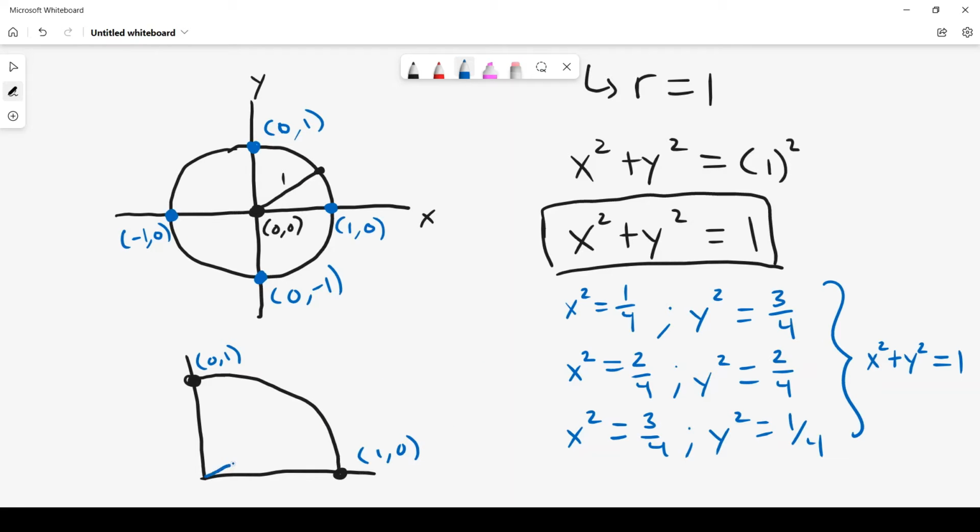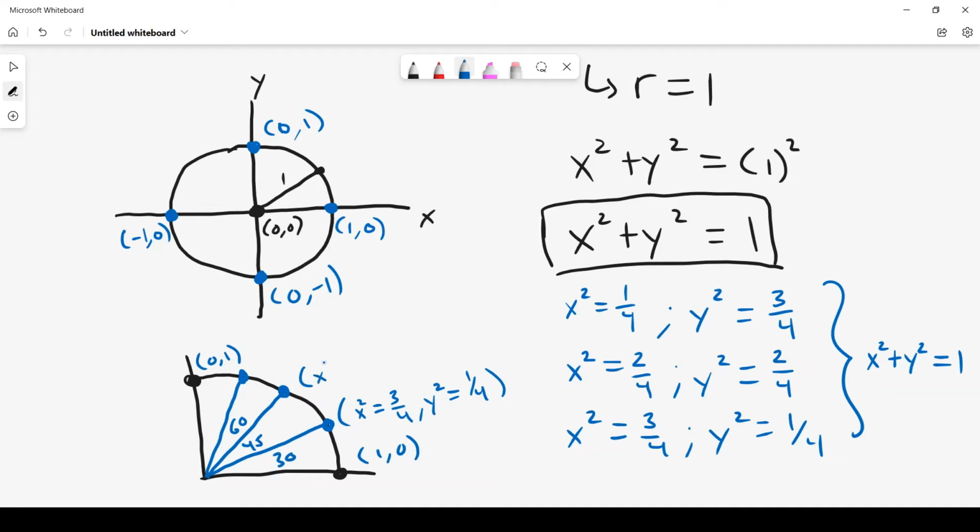And so for our 3 values of 30, 45, and 60 degrees, we'd be able to see that if we're traveling more in the x, a little bit up in the y, this point right here would have x squared be 3/4, and y squared be 1/4.